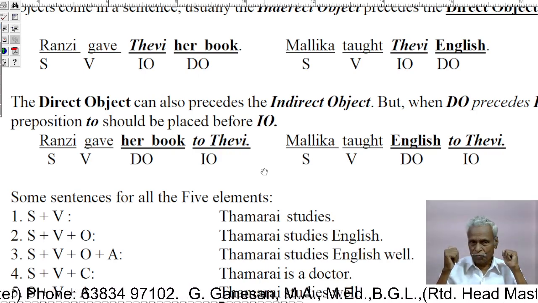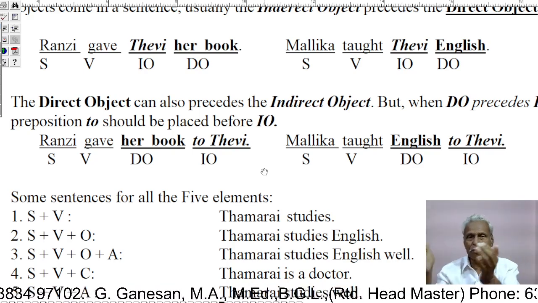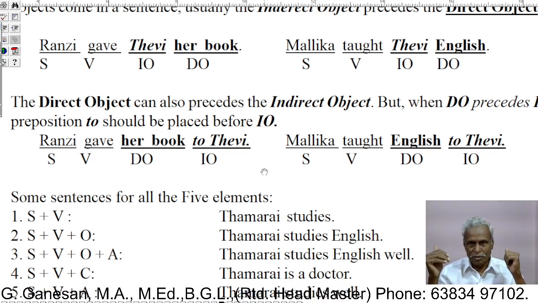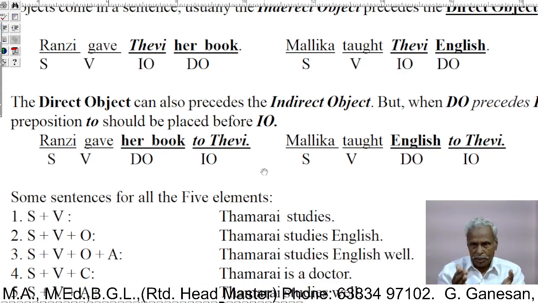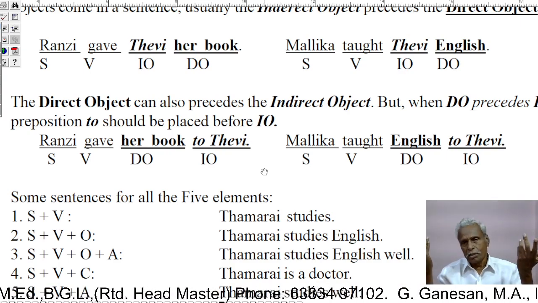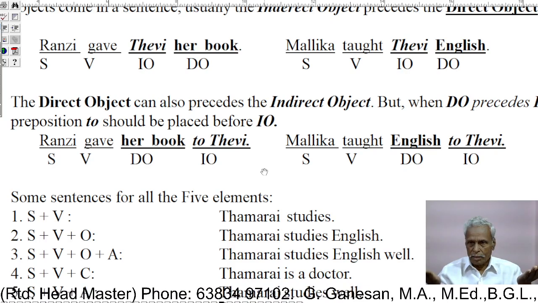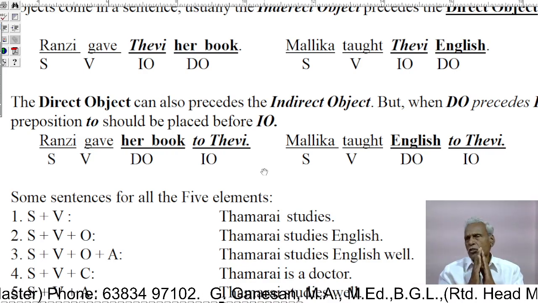See here: Ronnie gave her book, direct object, to Devi, indirect object. Another one: Mallika taught English to Devi. English is the direct object, Devi the indirect object.